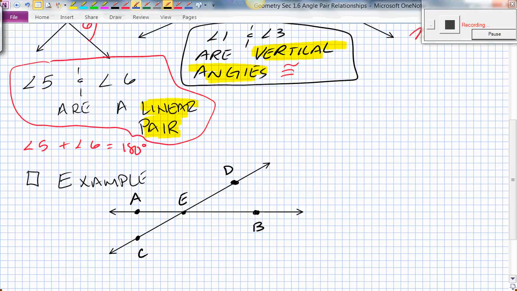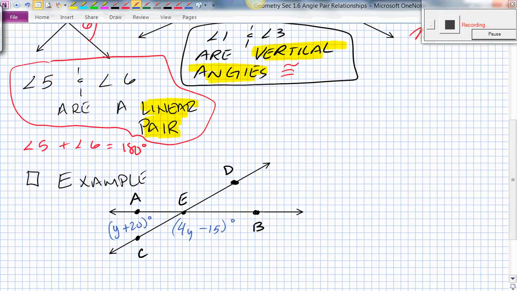Okay, and I know that this angle inside here, AEC, is a measure of y plus 20 degrees. So it's a variable, y plus 20 degrees. And this angle, CEB, is an angle of 4y minus 15 degrees.